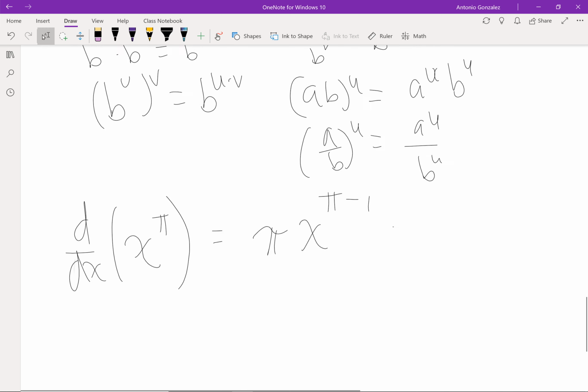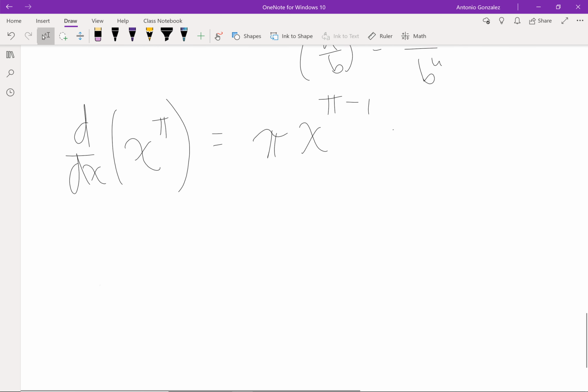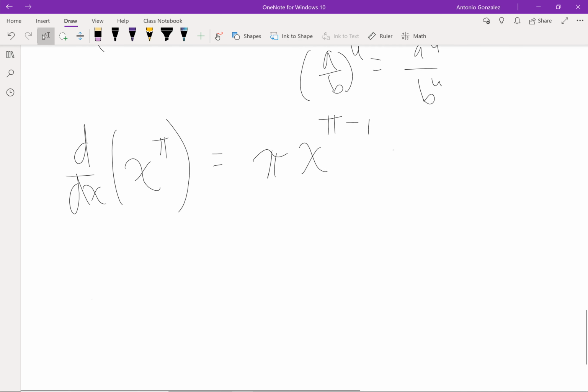Now we looked at these general exponentials. Let's take a look at logarithms.